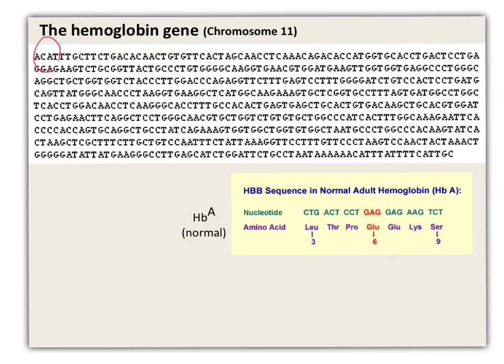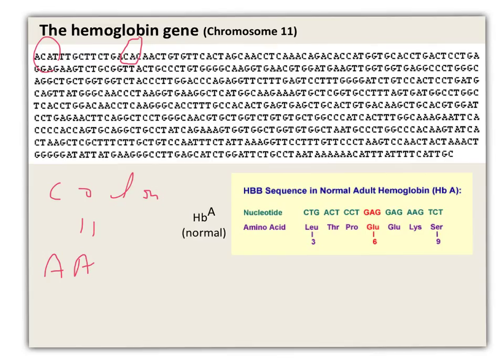Each 3 base pairs corresponds to an amino acid. So these 3 pairs are called a codon, and they equal an amino acid. So this is a normal hemoglobin gene on chromosome 11.